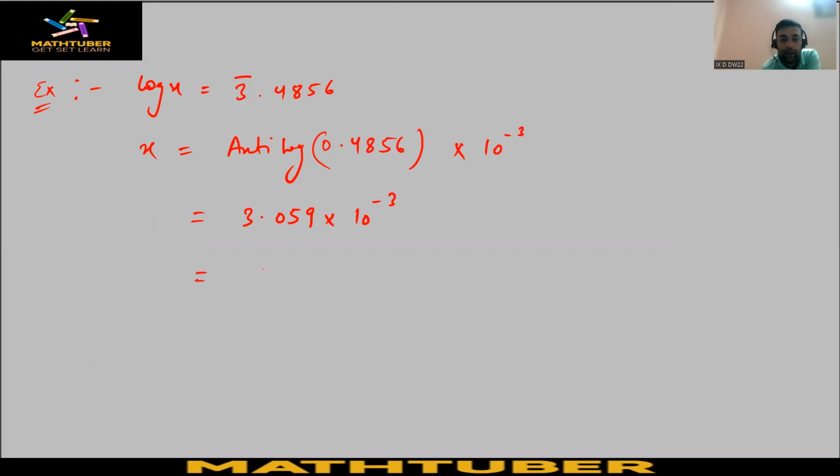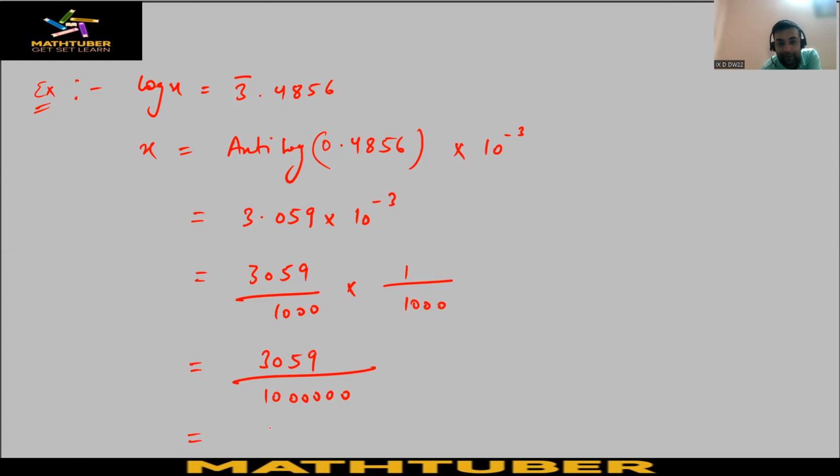Or we can write it as... just a second. This will be written as 3059 upon 1000 into 10 raised to power 3 can be written as 1 upon 1000. So it will be 3059 upon 1,000,000. So the decimal will be there before the 6 places.